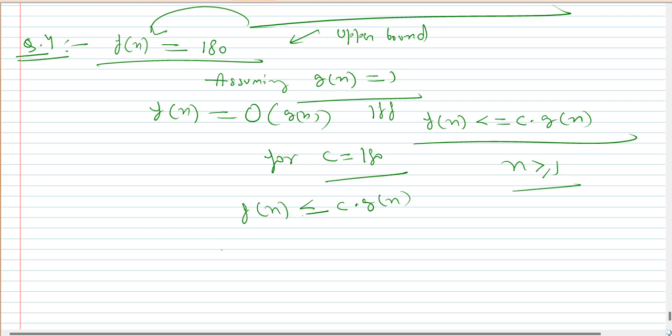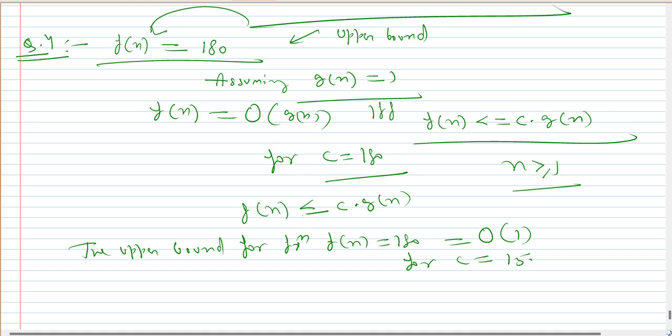So the upper bound for function fn is equal to 180 is Big O of 1 for c is equal to 180 and n naught is equal to 1.